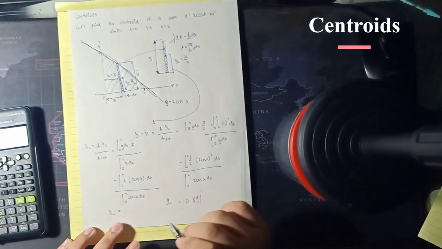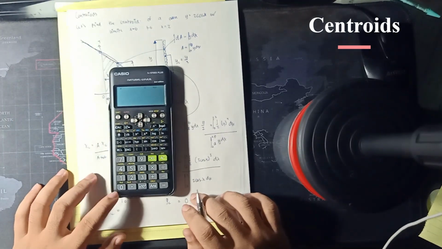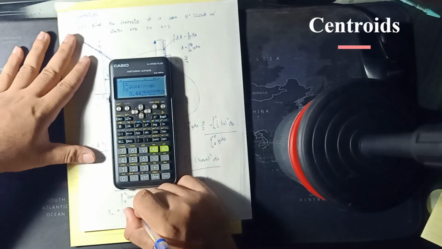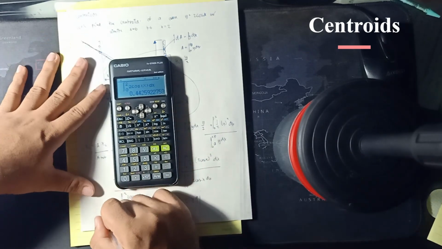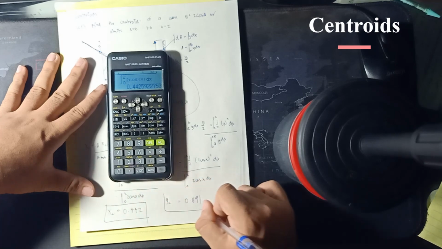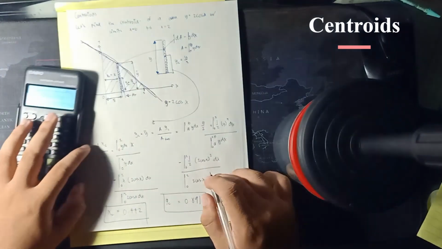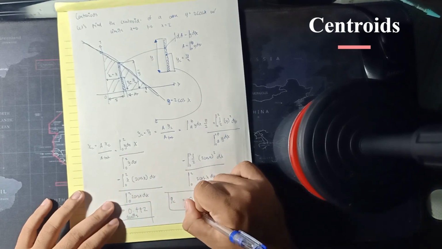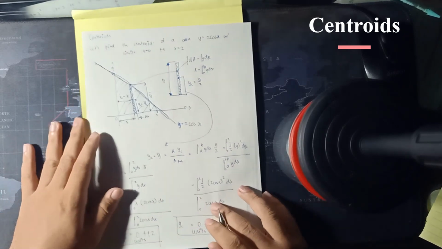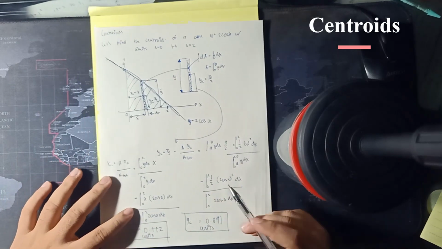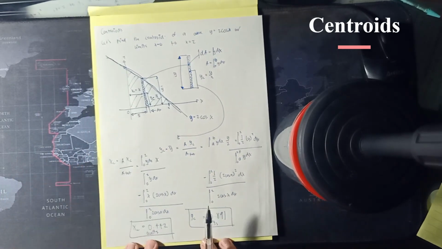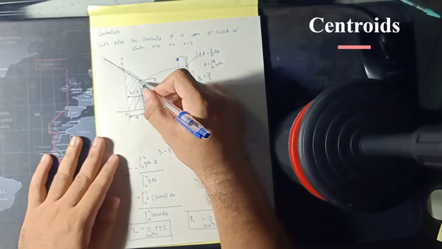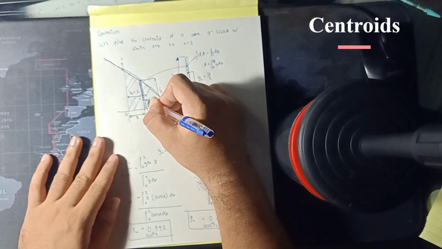For your xc, that would be 0.442. And don't forget the units. You could say that they don't have the same answer because for your xc and your yc, you're only computing for the centroid here.